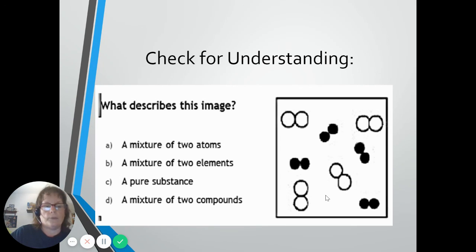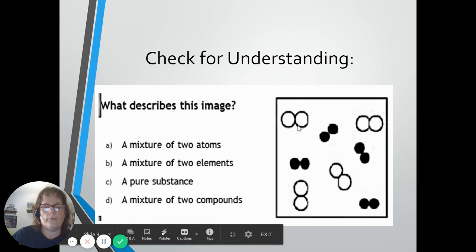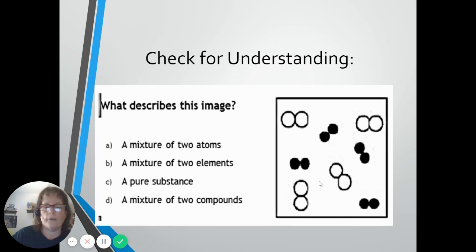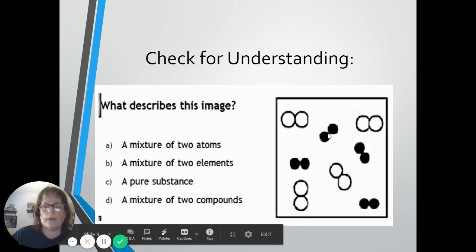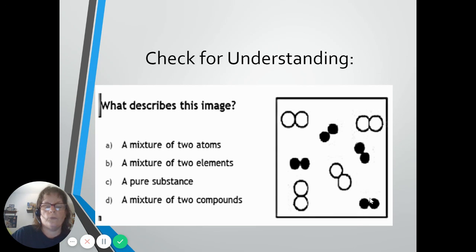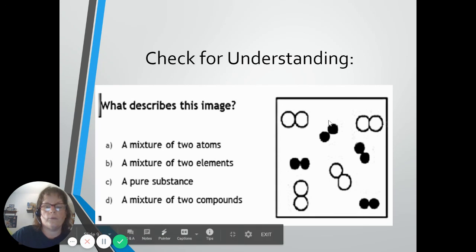Okay, so let's look at this picture. What describes this image? Make note that you have the 2 larger white circles and they look like they're bound together. And then you have the 2 smaller black circles and they're pretty much bound together. So based on our definition, we have a mix of things in here.